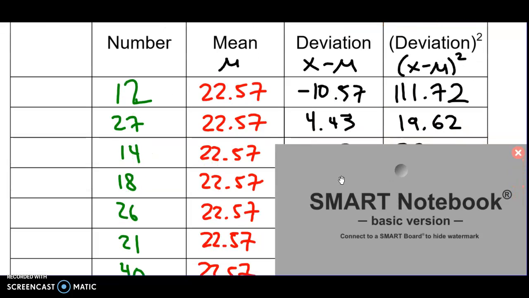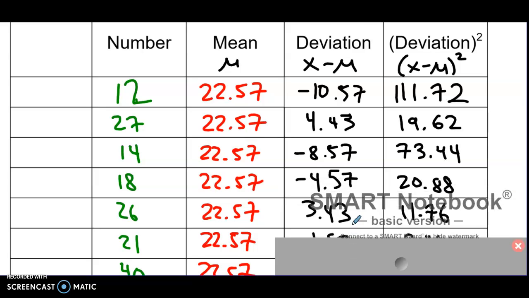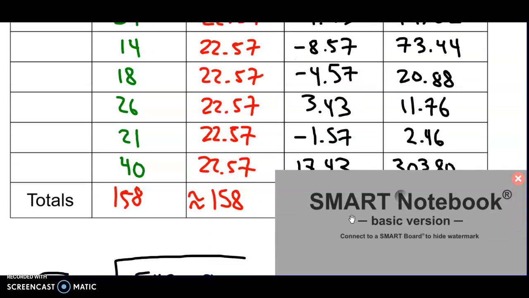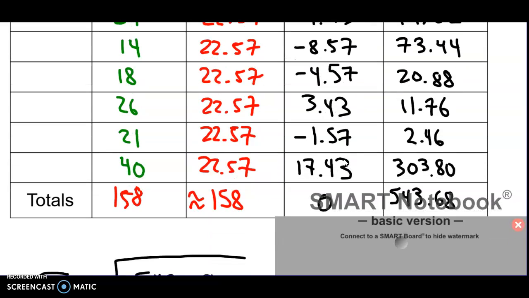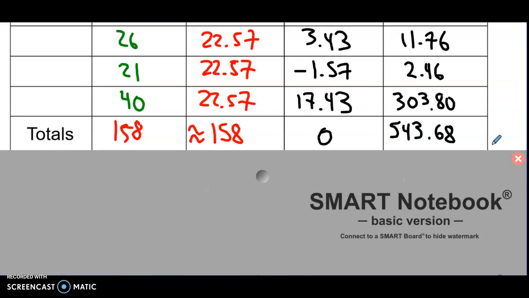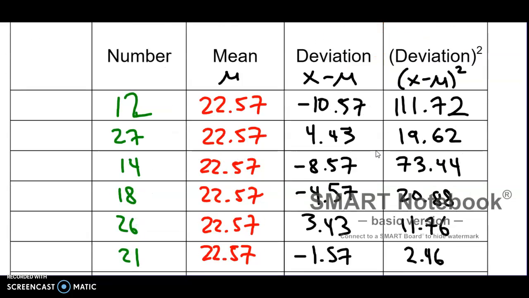All right. So please do these in your calculator. Add them all up. So we have our 543.68 as our total summation, right? So our summation of our deviation squared.